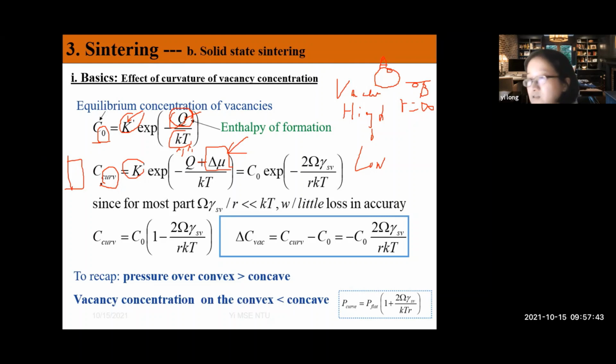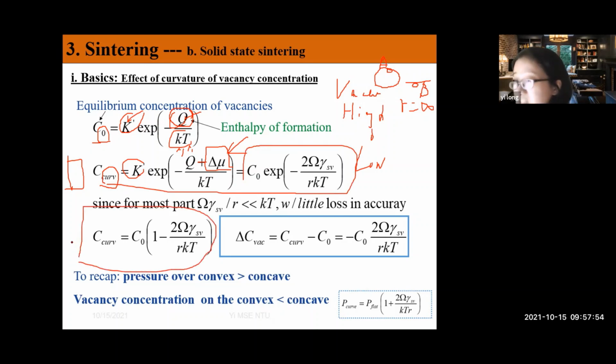So you have to add up this delta mu. Then the rest is just math manipulation, and again, this math manipulation is definitely not easy. It is very difficult. If you can do it, wow, you are really very good. But no worry, we will explain again in the tutorials, okay?